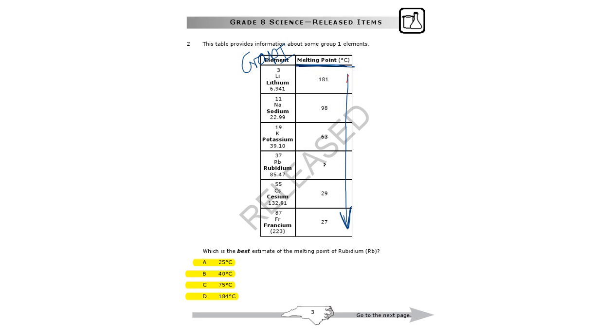So francium melts at 27 degrees Celsius. Lithium has to be 181 degrees Celsius to melt. Okay? So then what would be your best guess or prediction? That's what you're doing here. You're predicting the melting point of rubidium.